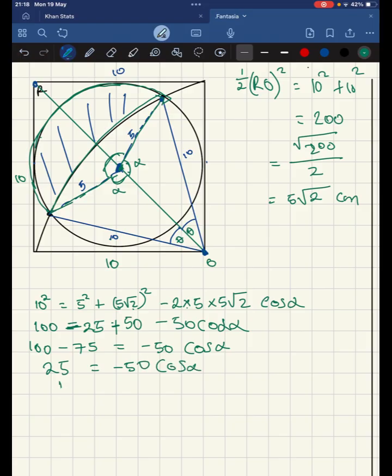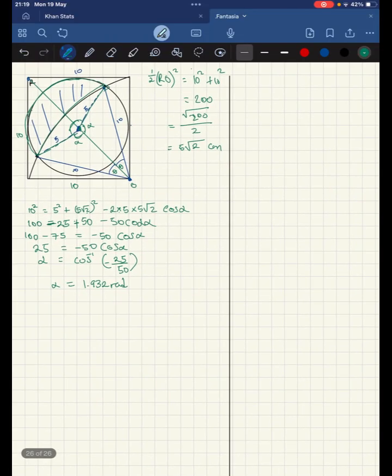It's looking like alpha is going to be the cos inverse of 25 over 50, right? And then from there we should get about 1.932 radians, right? So that's alpha.